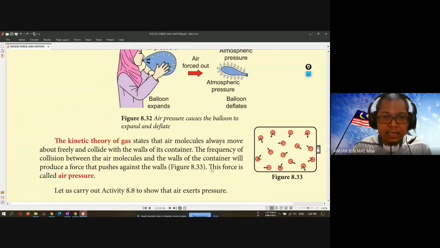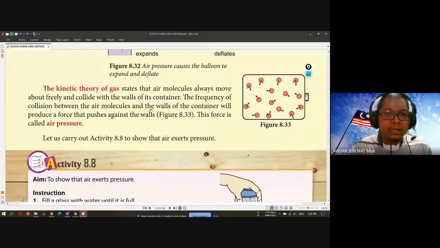The kinetic theory of gas states that the air molecules always move freely and collide with the wall of the container. The frequency of collision between the air molecules and the wall of the container will produce a force that pushes against the wall.